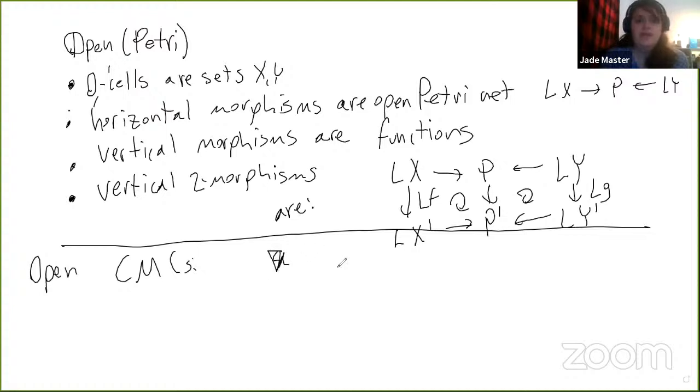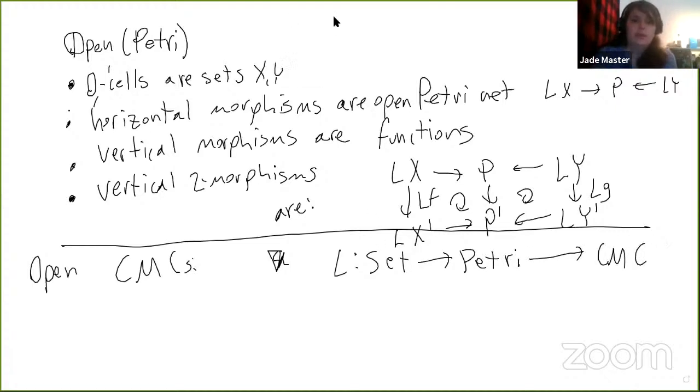So we have the discrete functor from Set to Petri. And then we have a functor from Petri to CMC, which generates the free commutative monoidal category. So you can compose them, and an open CMC is going to be a cospan of this form.